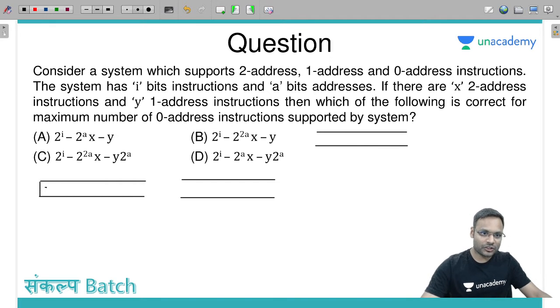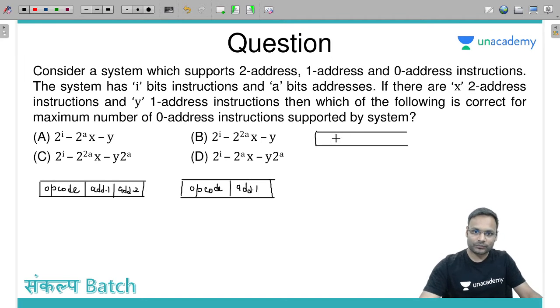Two address instruction: opcode and two addresses, address number 1 and address number 2. Here, opcode and only one address, and here only opcode. Now, how many bits?